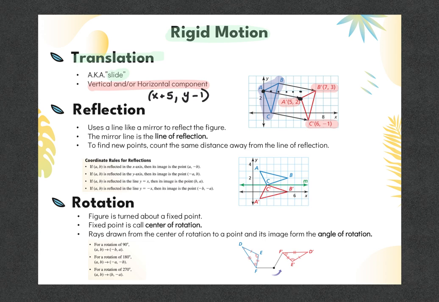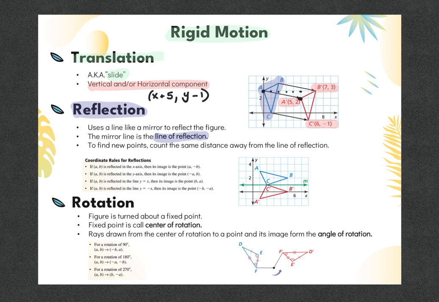A reflection: if you think about a reflection, like you looking at your mirror, it reflects in a way in which it goes over something. So it's duplicated or flipped over a line, and it could be a horizontal line, a vertical line, or a diagonal line. But it uses a line like a mirror to reflect it over. The mirror line is called the line of reflection.